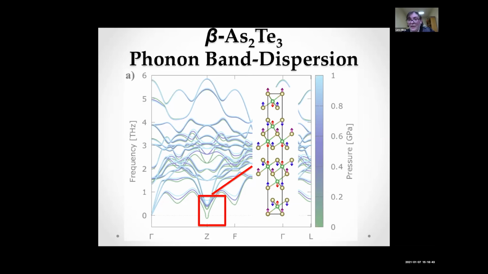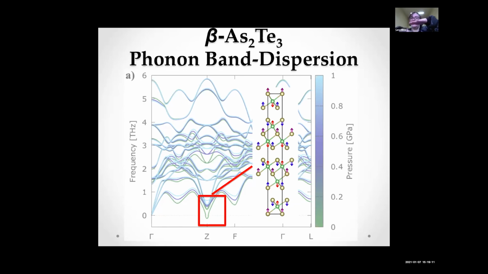Looking at the eigenvectors to check what vibration this corresponds to, by looking at the arsenic atoms, the light green ones, we see that it's mostly the breathing mode between the layers.